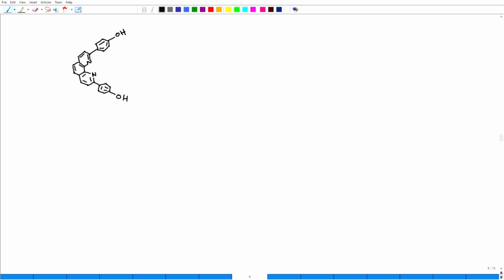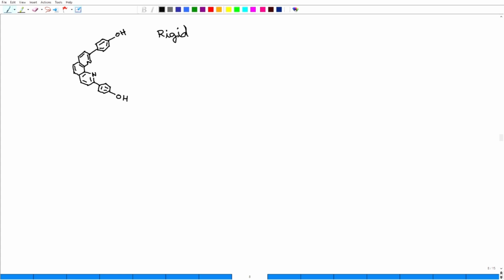So, first I will discuss why we take this to make catenane. If you look at this particular molecule, what does it look like? It looks like a rigid structure, very rigid. So, we take a very rigid structure.